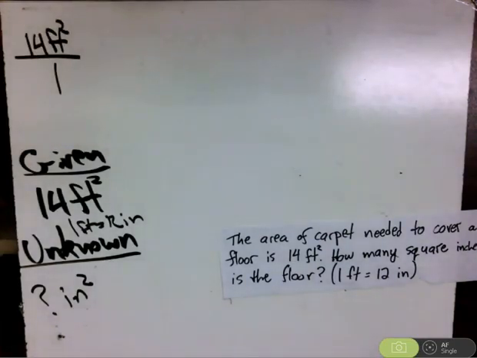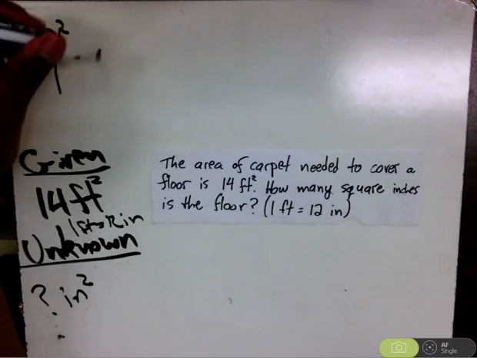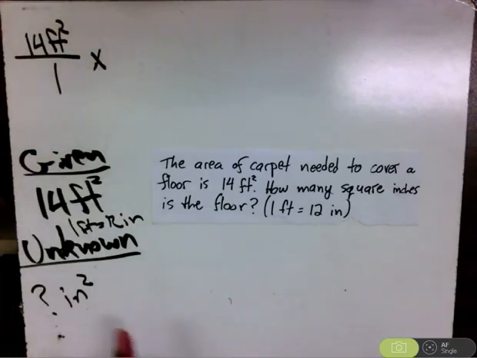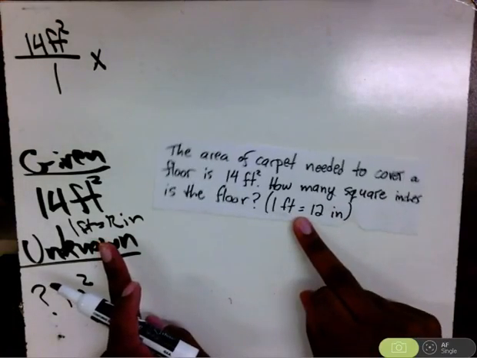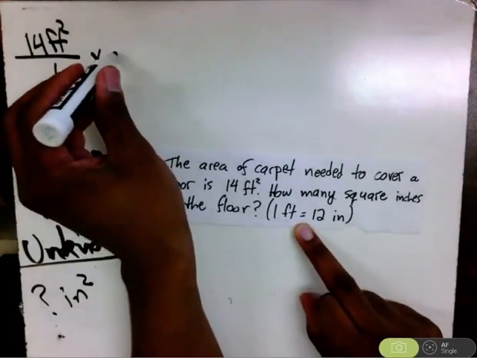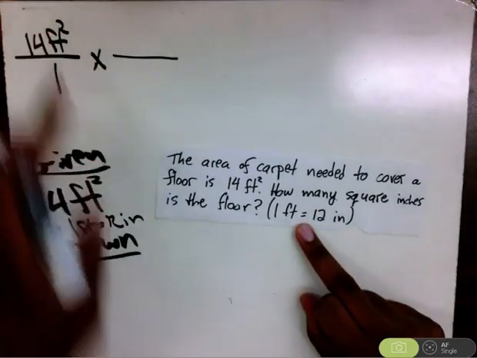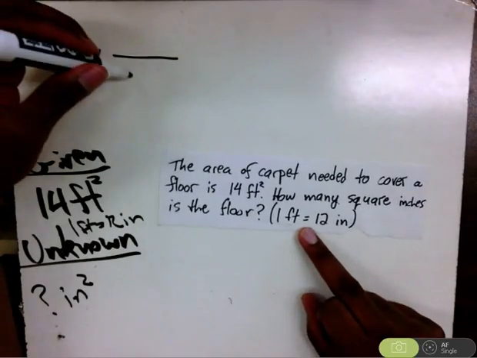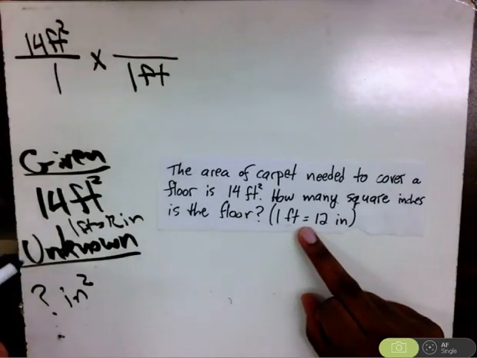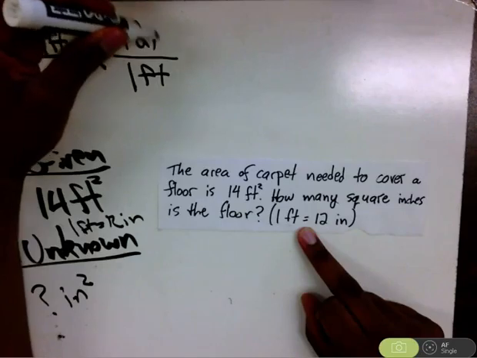That's my first step. Now, my second step, I'm going to multiply it by a conversion factor. The conversion factor that we have is 1 foot equals 12 inches. And we know that we want feet to cancel, so we're going to put feet on the bottom. 1 foot is equal to 12 inches.